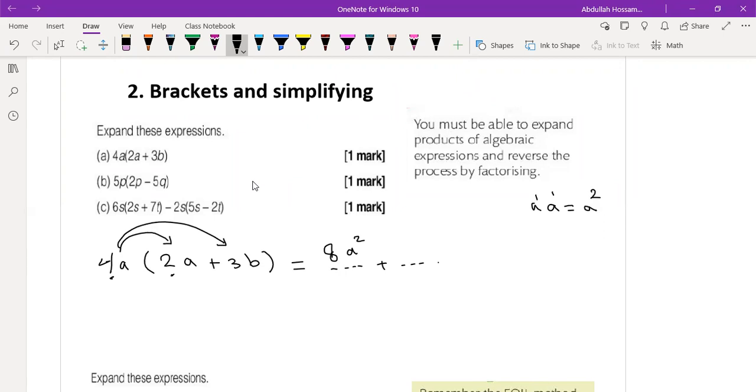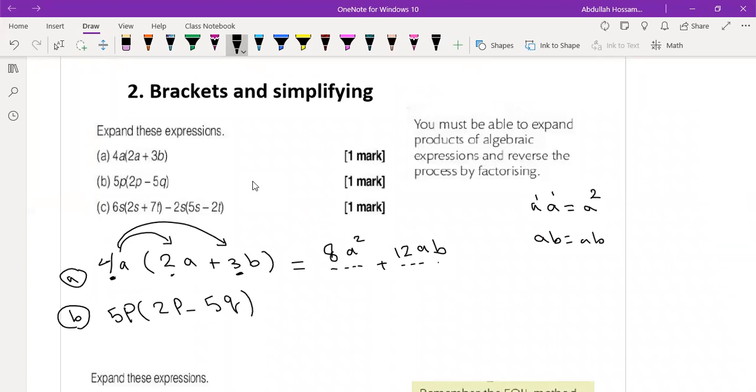Here, how to multiply 4a by 3b? Multiply the coefficient, 4 multiply 3, 12. And a multiply b, the same, ab. So 12ab. I think it's easy. So A we are done. B, 5b(2b minus 5q).